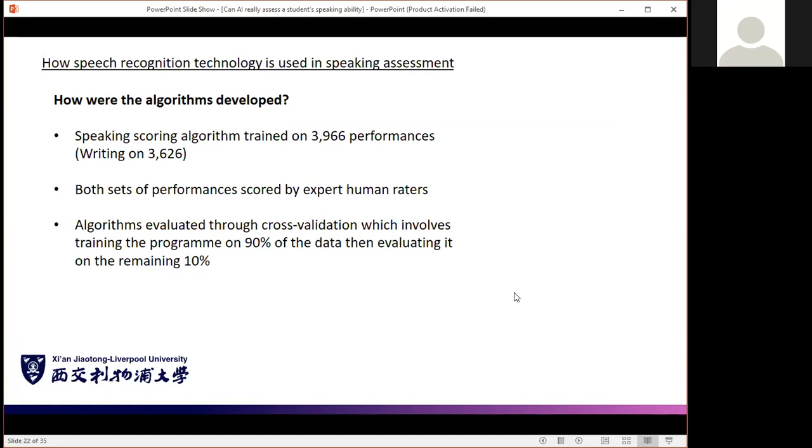Sorry, I've not explained that very well because I don't really understand it. But it trains itself on 90% of the data. That's these 4,000 speech performances and scripts, and then it tests itself on 10%.